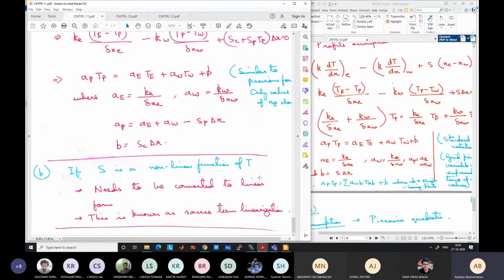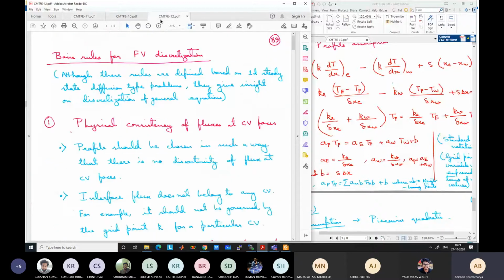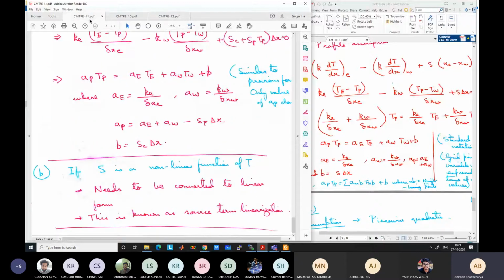Before going to that, we need to discuss some basic rules of finite volume discretization, because based on that we will see how to treat the nonlinear source term. If we do not know the rules, we will not be able to correctly treat the nonlinear source term.